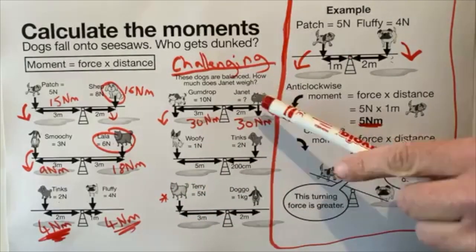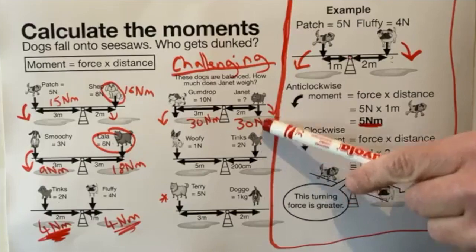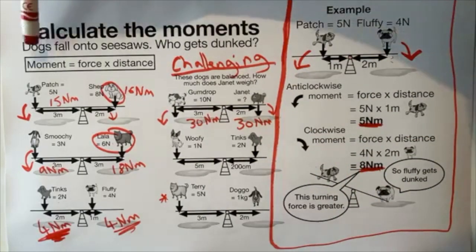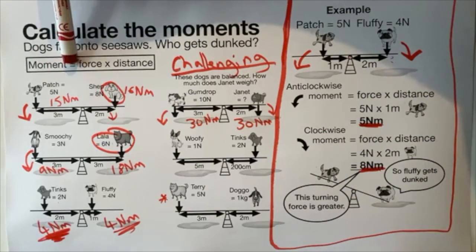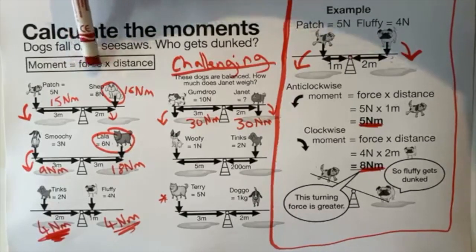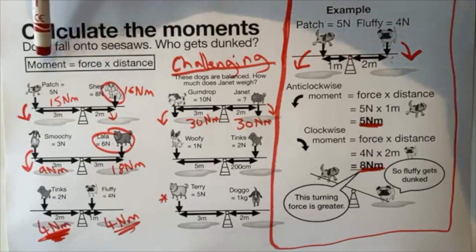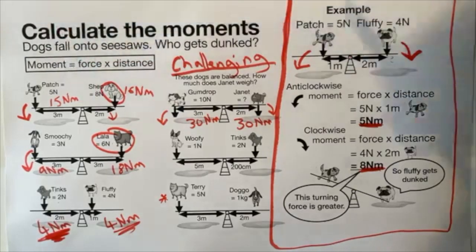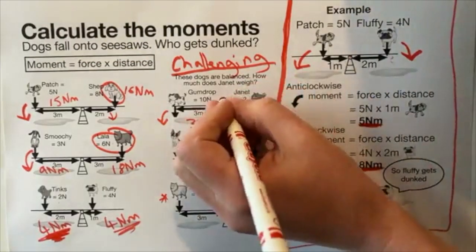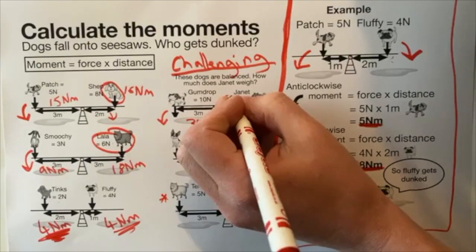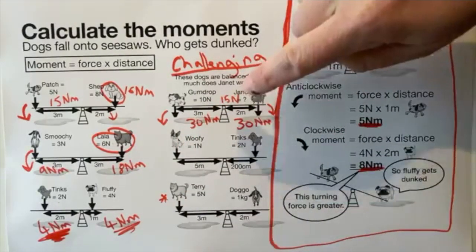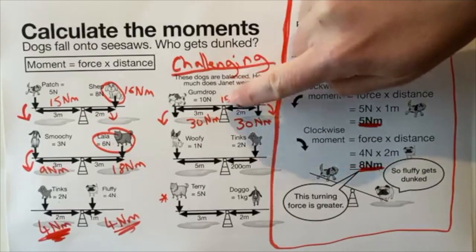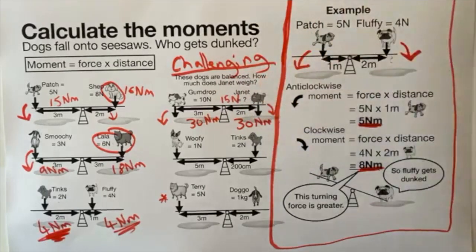So 30 newton meters equals whatever Janet's weight is, times 2. So 30 equals something times 2. What do you times 2 by to get 30? It's 15. So Janet weighs 15 newtons. Well done. Make sure you didn't write newton meters by accident because you were finding Janet's weight there.